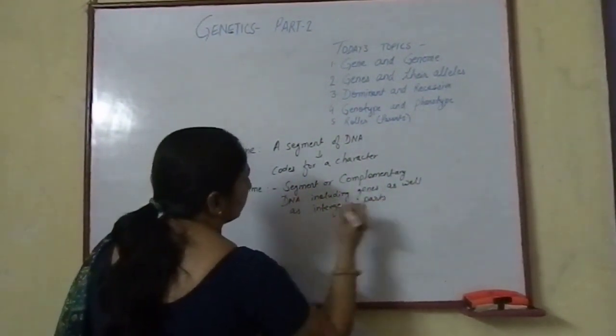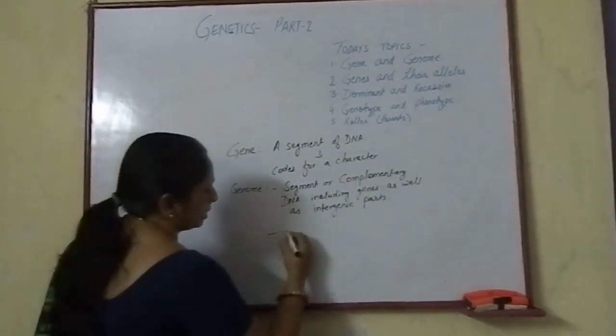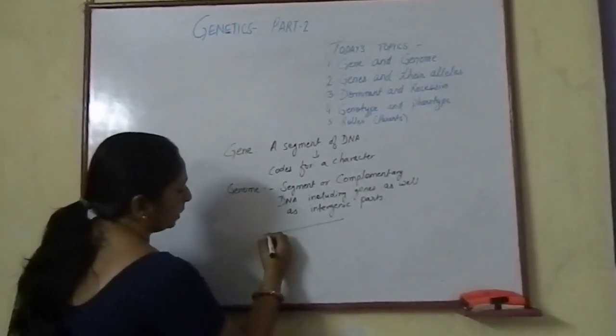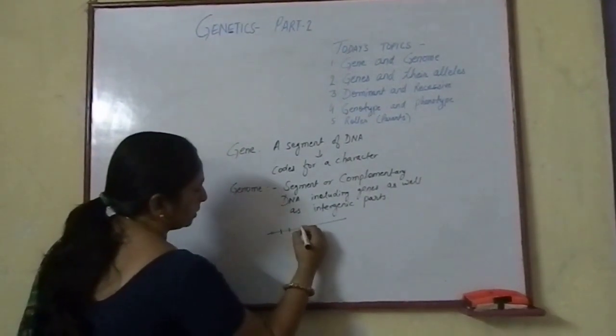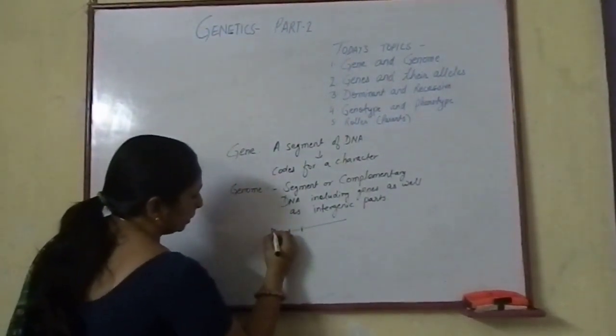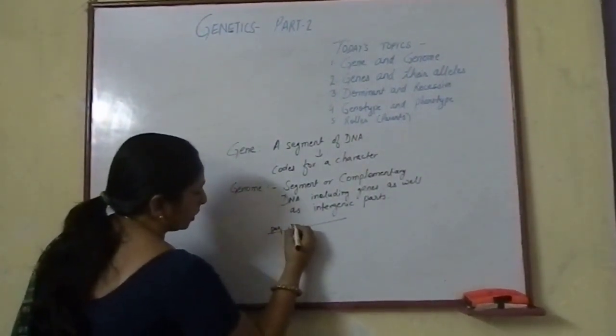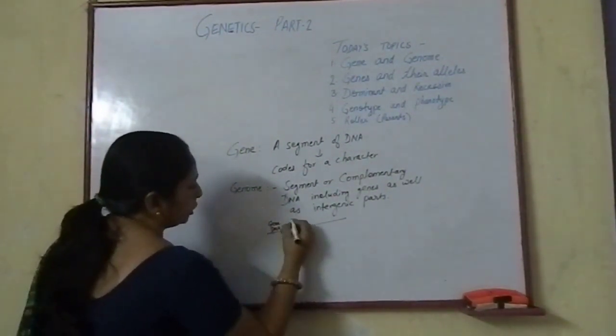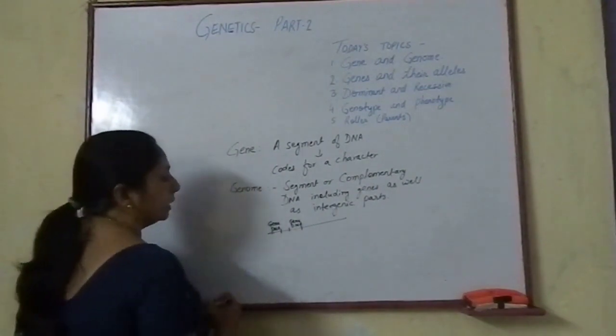Now what does this intergenic part mean? Suppose this is a segment of a chromosome which has a DNA sequence from here to here. This DNA is a gene, which codes for a particular character.